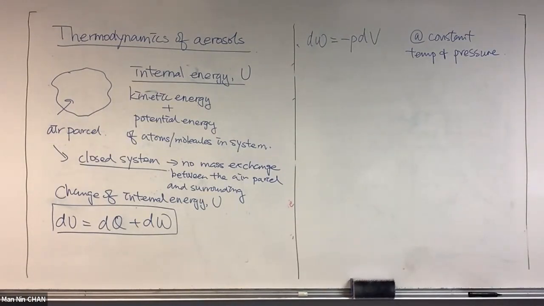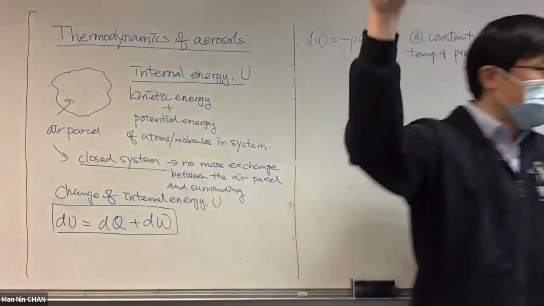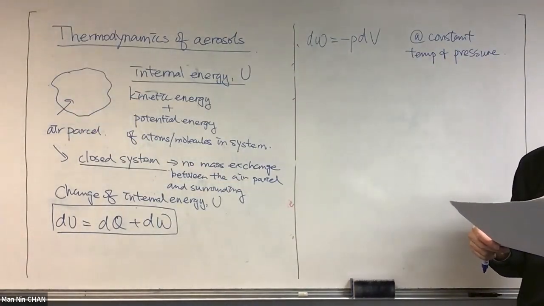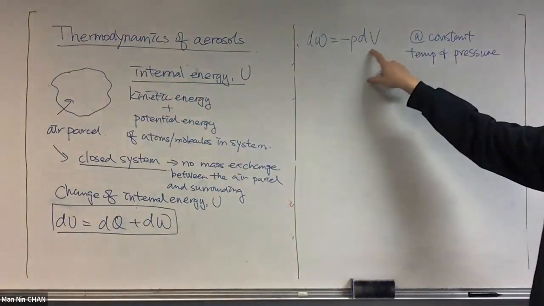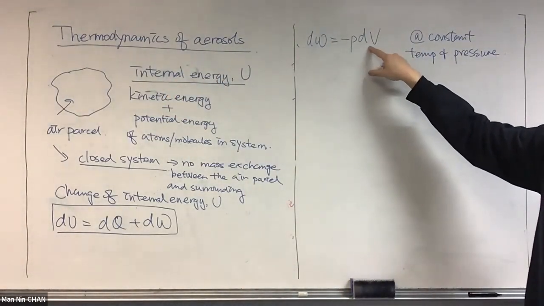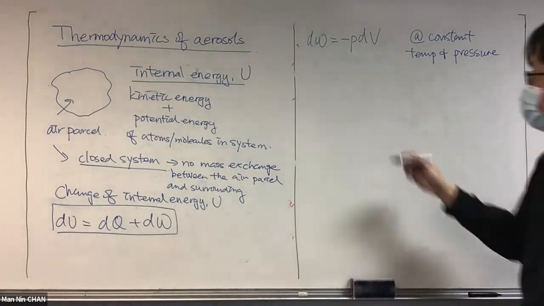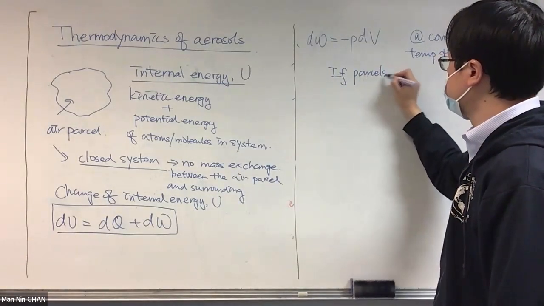For example, if your air parcel expands, what will happen? P is the pressure, V is the volume.